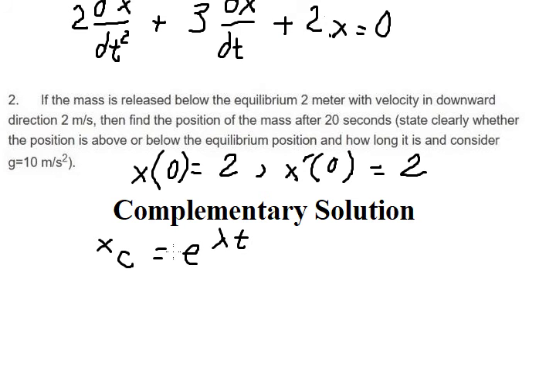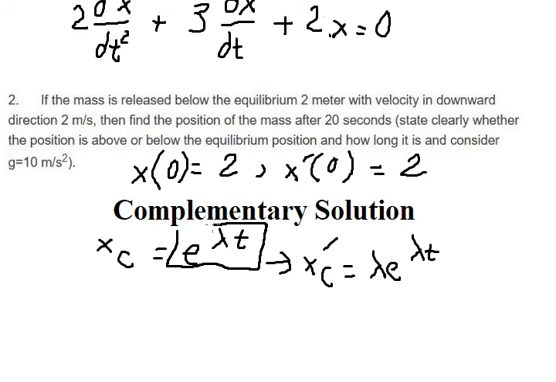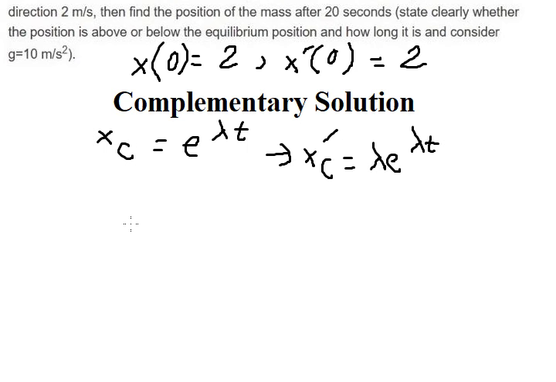So if we do first the derivative of sc, we have lambda e to the power of lambda t, because if we do the derivative of e to the power of lambda t, we keep the same e to the power of lambda t. Later that we do the derivative of lambda t, we have lambda, and then the second derivative of sc gives lambda square e to the power of lambda t.